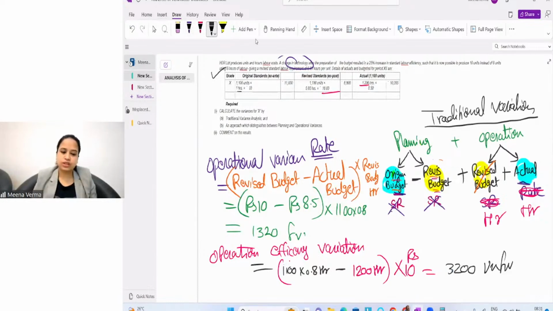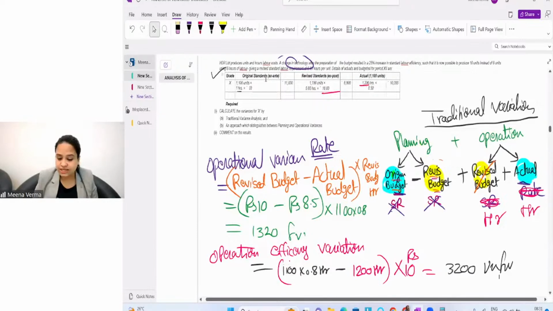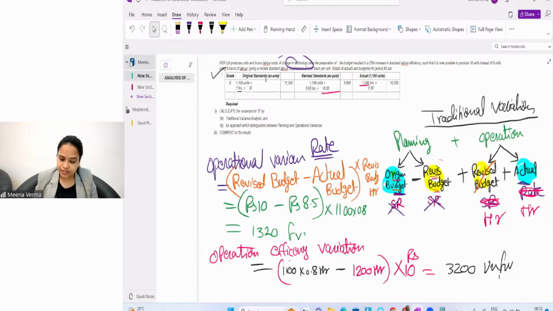Right. So in this way, you can see how easy it is to calculate the planning variation, how easy it is to calculate the operational variation. If the planning variation is coming adverse, the strategic level managers are responsible. If the operational level variation is adverse, then the operational level manager is responsible.